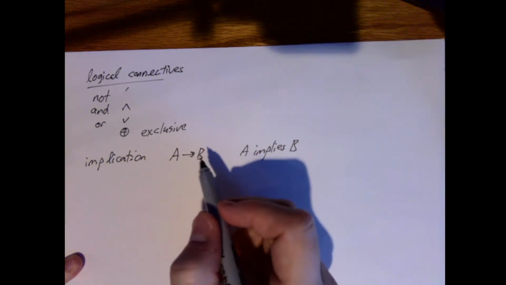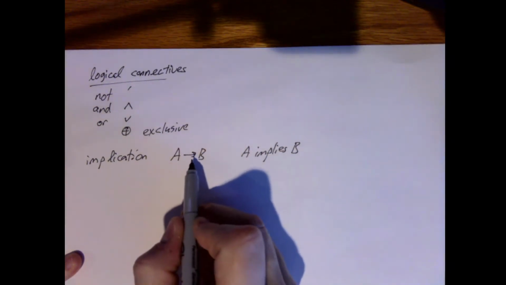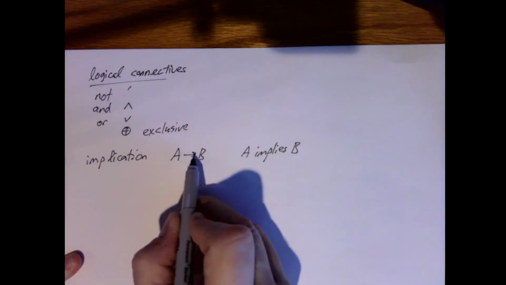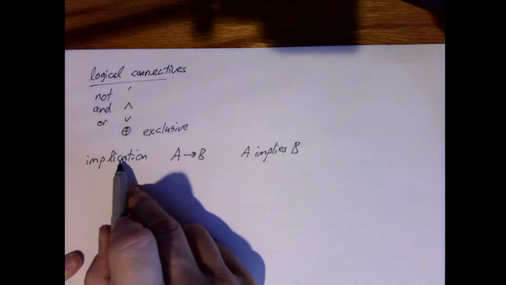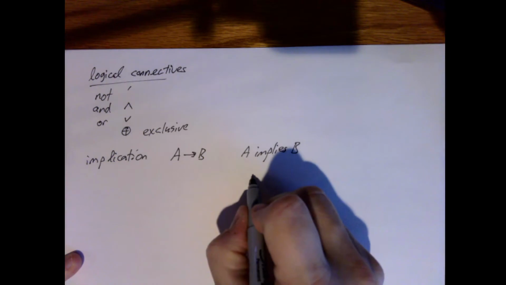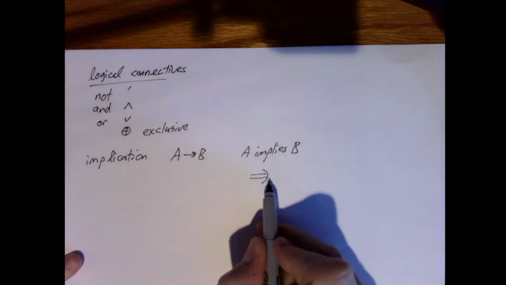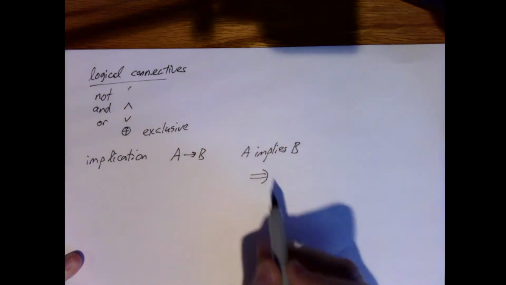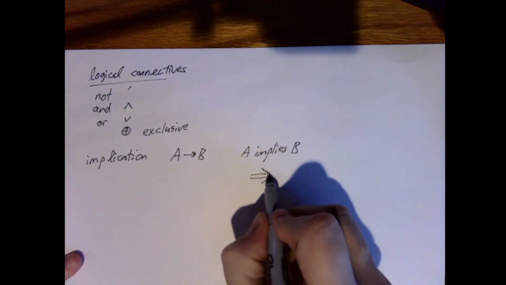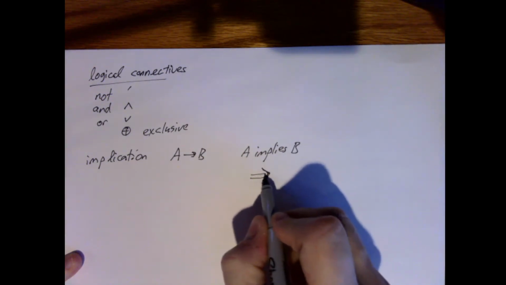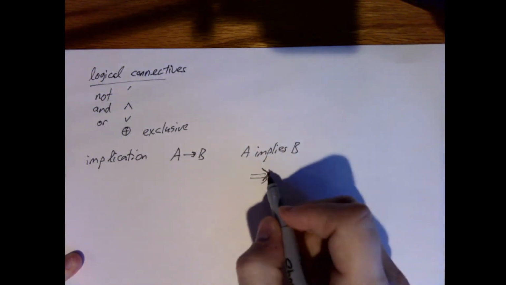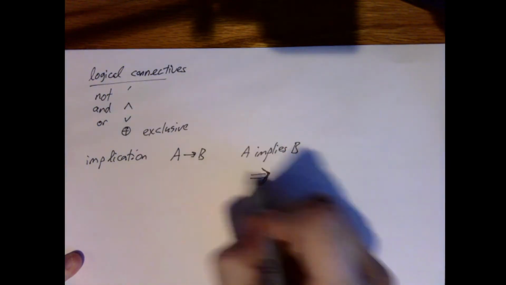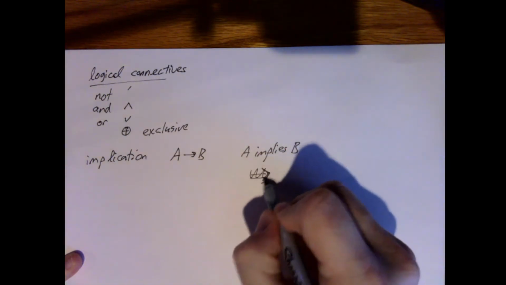I do know some authors that use this symbol for implication, and use this kind of arrow for something else. But there are other authors that use this symbol, which is supposed to be more of an arrow, for implication. So for implication, I'm going to use the one that's not thick.